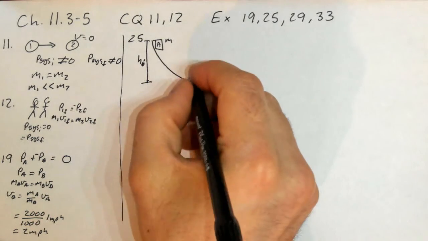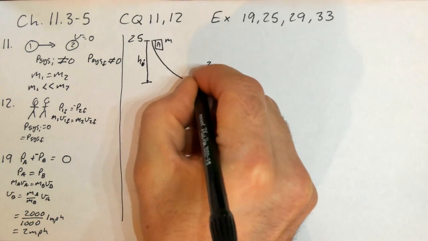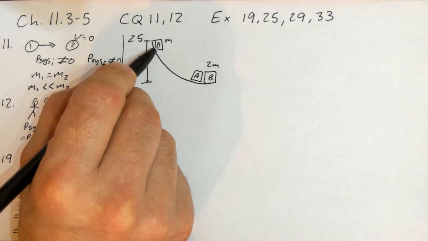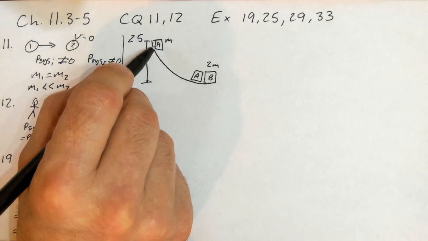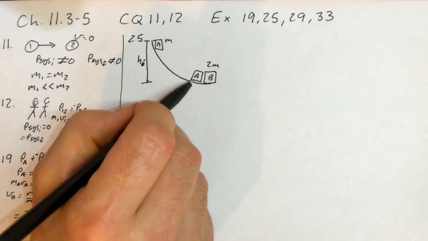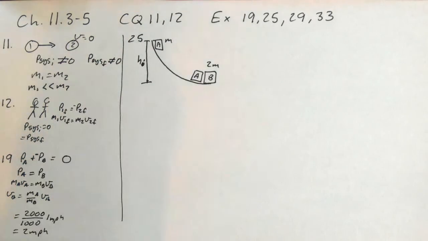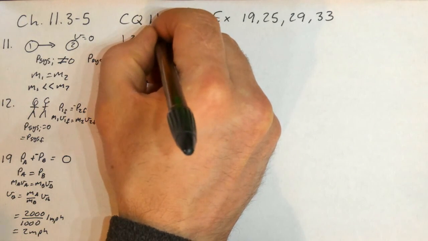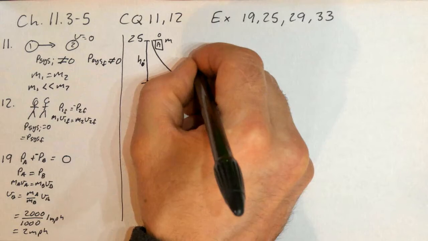Okay, so to start with, I'm going to draw another picture here, A. This would be the beginning of my conservation of energy problem, and this would be the end. I'm going to call this state 0 and then state 1.